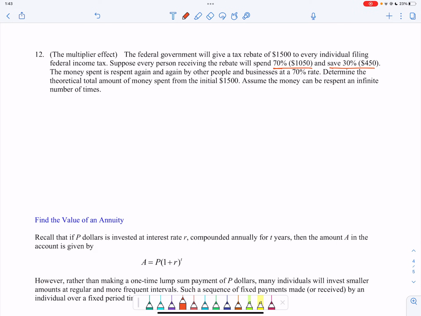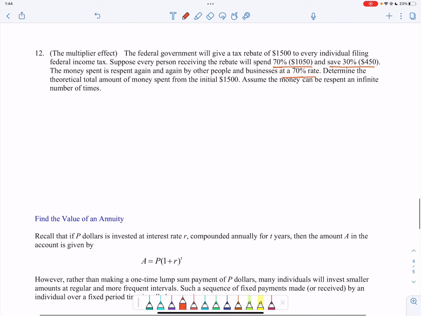The money spent is respent again and again by other people and businesses at a rate of 70%. Determine the theoretical total amount of money spent from the initial $1,500. And we will assume the money can be respent an infinite number of times.